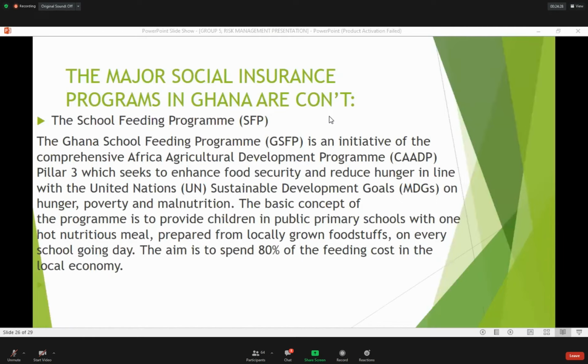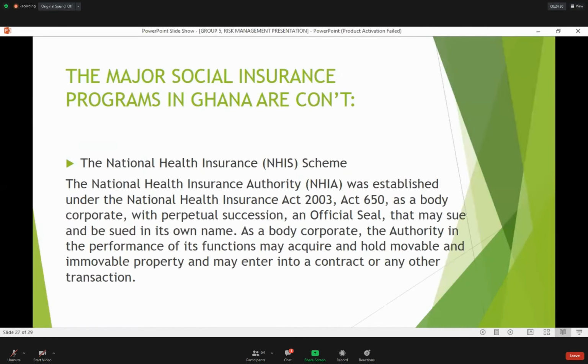And then moving on, we also have the NHIS program. With the NHIS, it was created under the Insurance Act 2003, Act 650, as a body corporate, meaning if anyone else were to assume its nature or purpose as an organization, it could be sued.